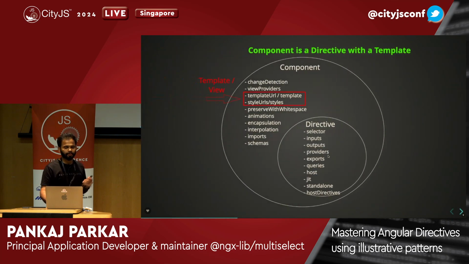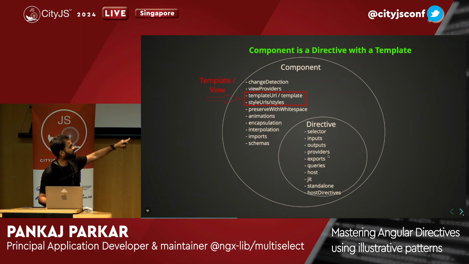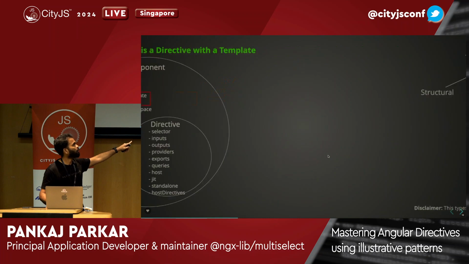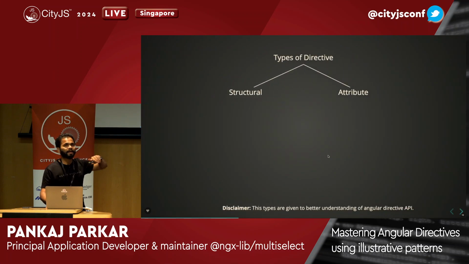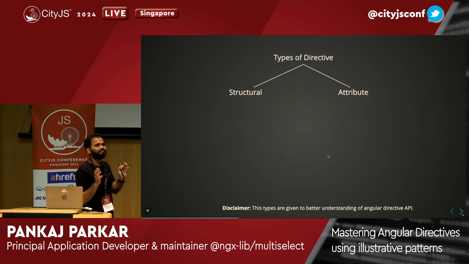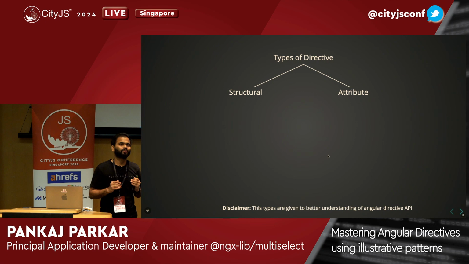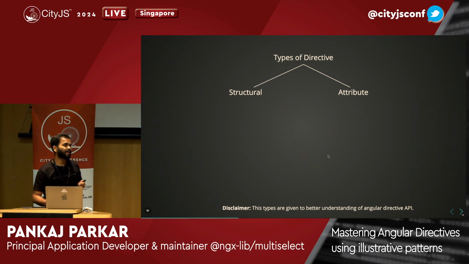Now what we will do is try to understand these 8 to 9 properties, how to use them and how not to. Before that, I tried to define a kind of types, to find a pattern in how they can be used, and that can simplify the learning of the Angular Directive API. So majorly there are two types of directive: attribute and structural.